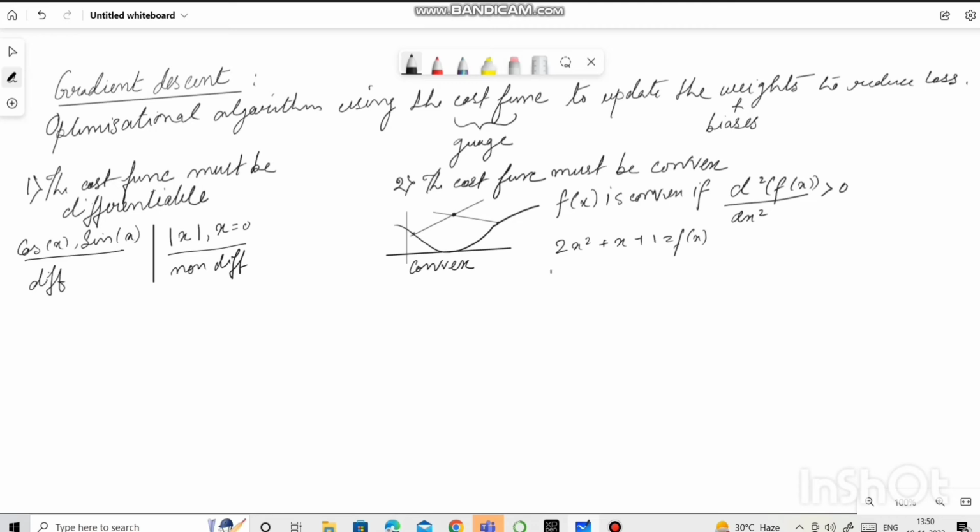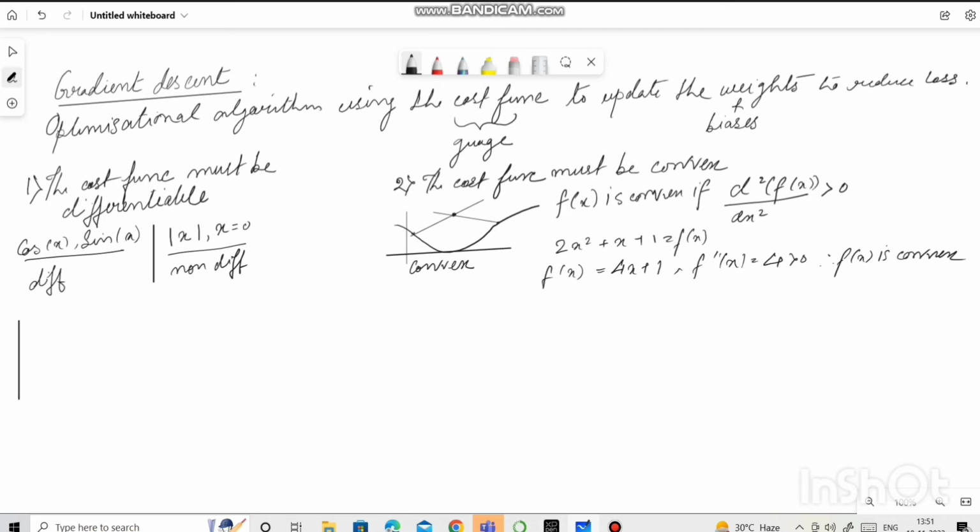If this happens to be f of x, then the first order derivative of the function would be 4x plus 1. The second order derivative would be 4, which is greater than 0. Hence, we see the function is convex. Now, once these two criteria are fulfilled, we can apply gradient descent on the cost function.